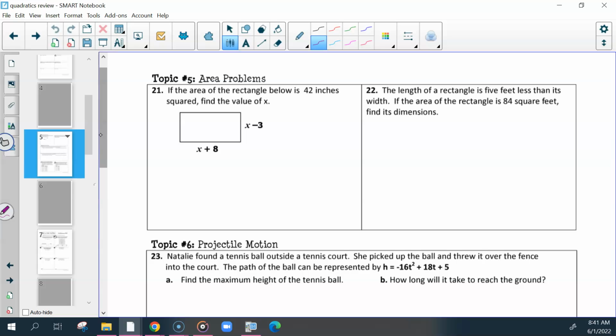For 22, the length of the rectangle is 5 feet less than its width. That means L is W minus 5. We know the area is 84, so if we multiply our L times our width, we would get 84. But we know our L is W minus 5.